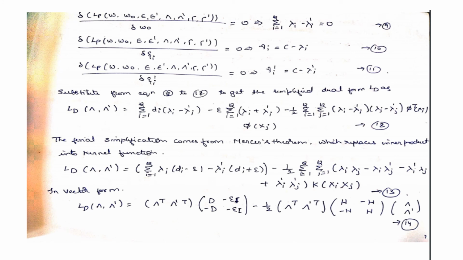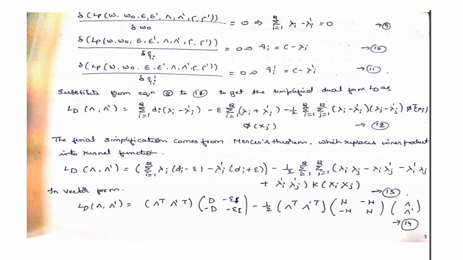So now the above equation is reduced as LD of gamma comma gamma prime equal to summation i equal to 1 to q of lambda i into (di minus epsilon) minus lambda i prime into (di plus epsilon), minus half summation i equal to 1 to q and summation j equal to 1 to q of (lambda i minus lambda i prime) into (lambda j minus lambda j prime) into the kernel k of xi, xj.